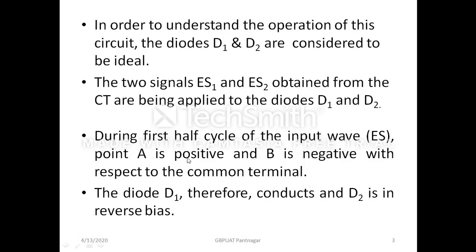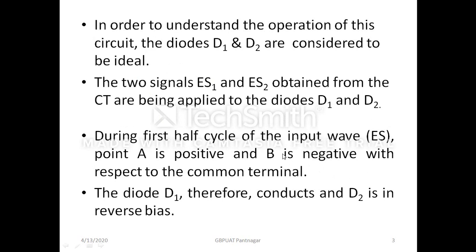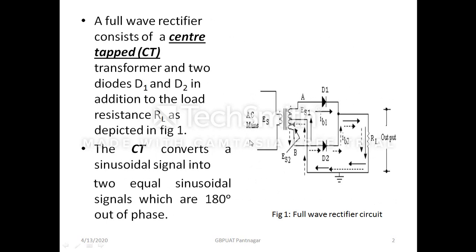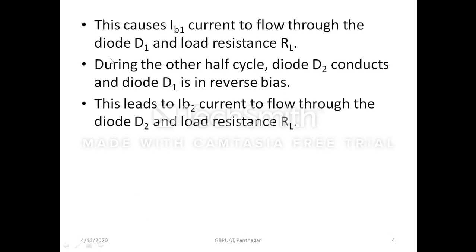During the first half cycle of the input wave, point A in this figure is positive and point B is negative with respect to the common terminal, that is the center tapped common terminal. So during the first half cycle the diode D1 conducts, and the diode D2 is in reverse bias condition.